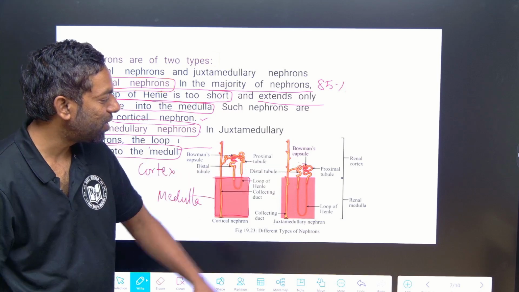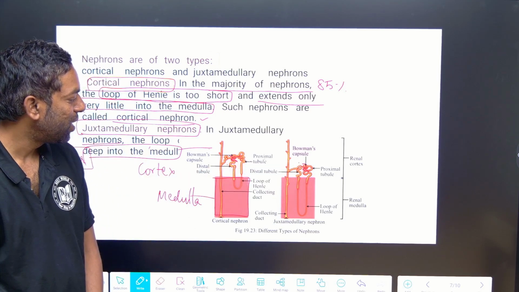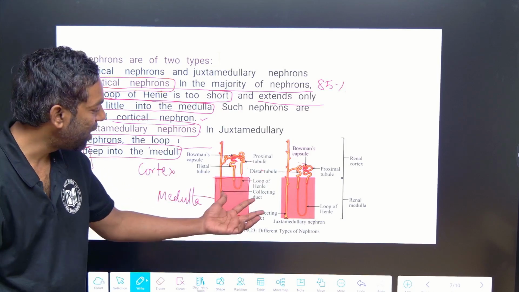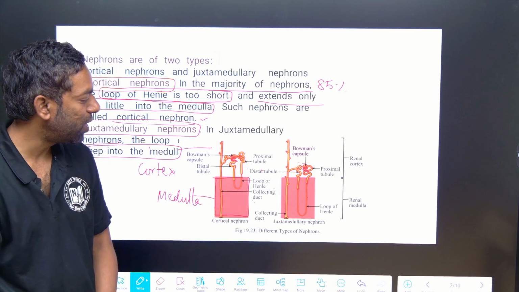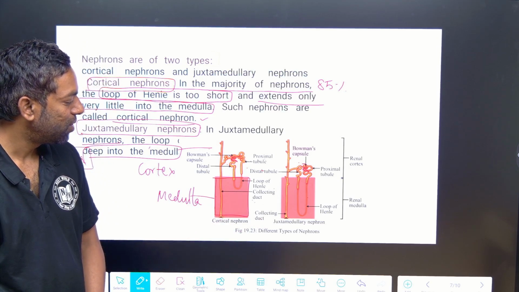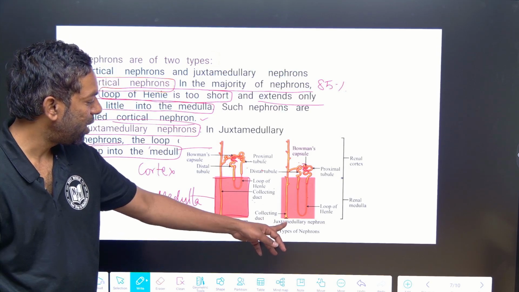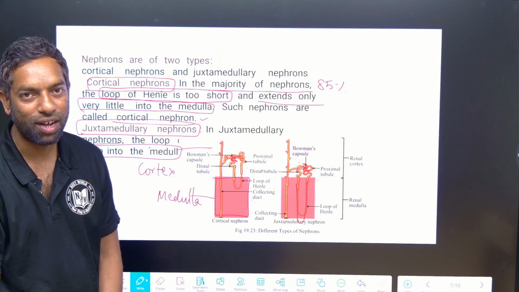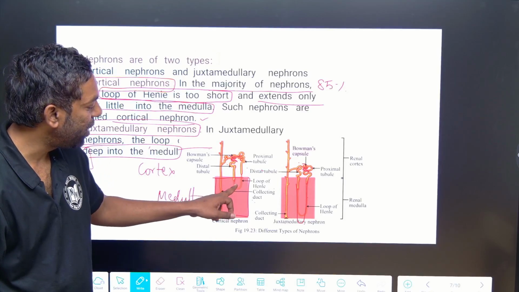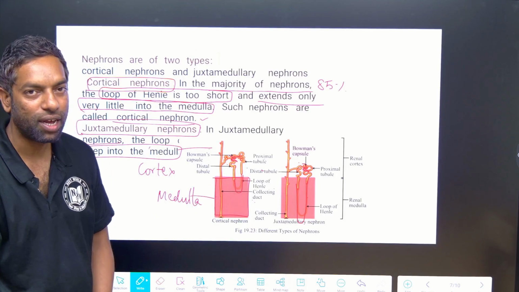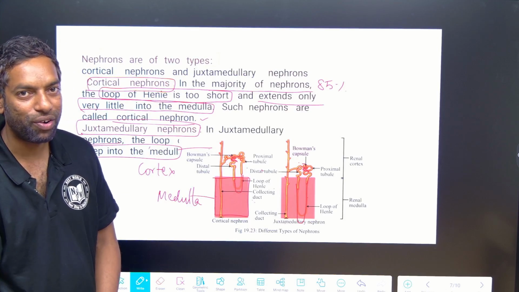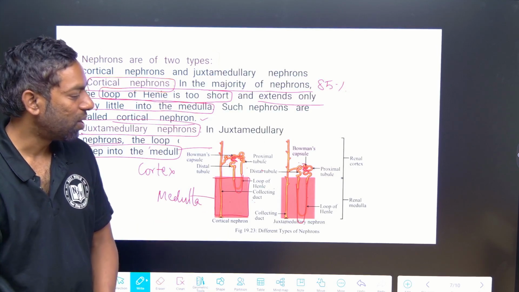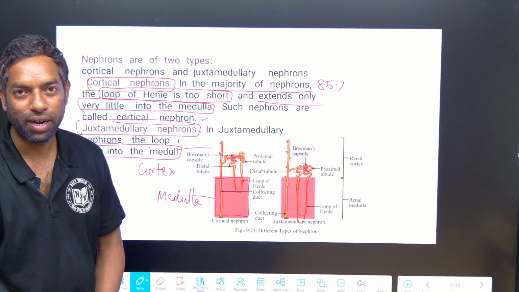The Henle loop itself is in the medullary part. In juxtamedullary nephrons, the Henle loop goes very deep into the medulla, whereas in cortical nephrons it just enters the medullary part. This is about cortical and juxtamedullary nephrons.